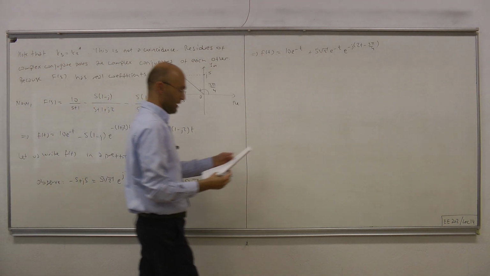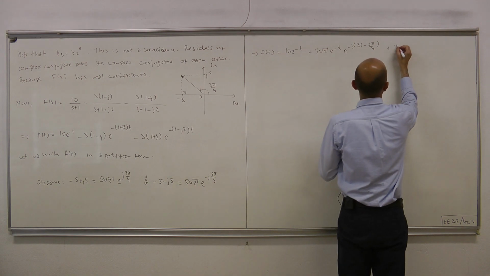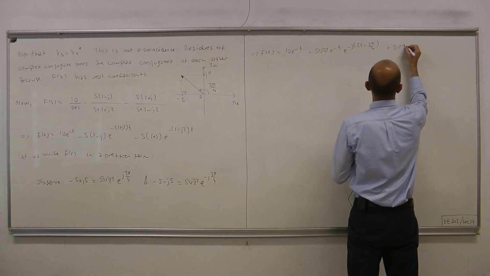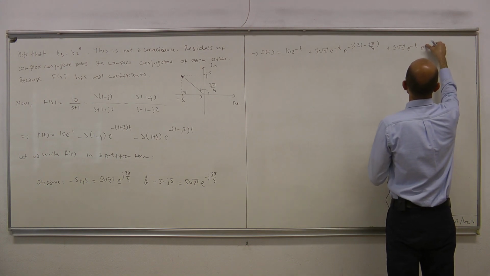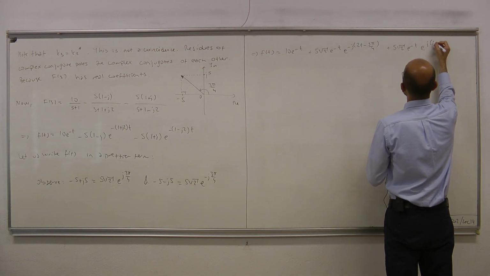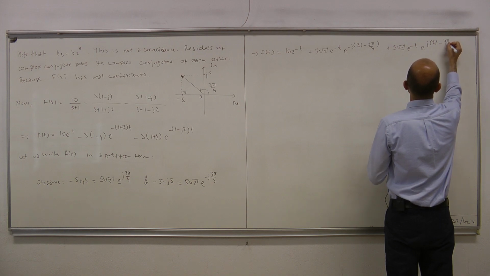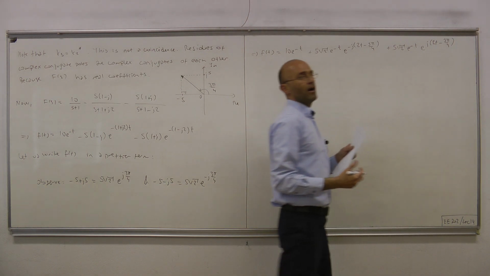Okay, and likewise the other term will be the complex conjugate of this, 5 square root of 2 e to the minus t, and then e to the plus j 2t minus 3 pi over 4.